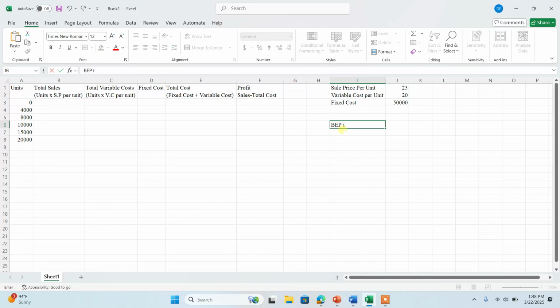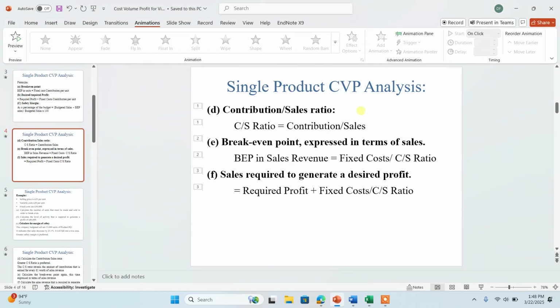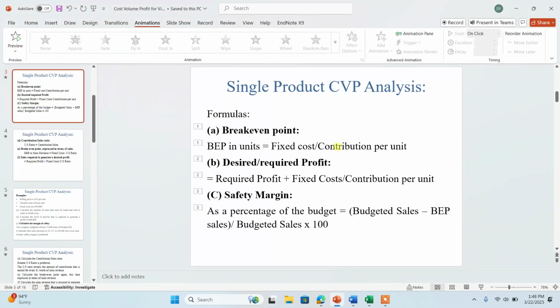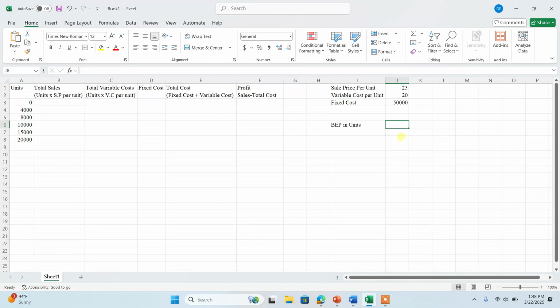Break-even point in units. You can see the formula. The formula was fixed cost divided by contribution per unit. Let's see. So fixed cost is given. It is 50,000. This is fixed cost. Contribution per unit.